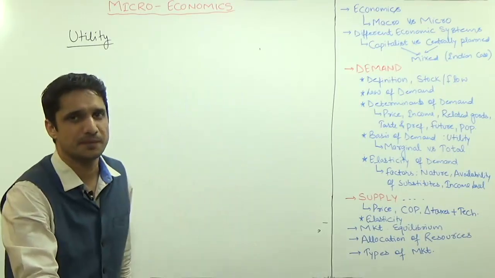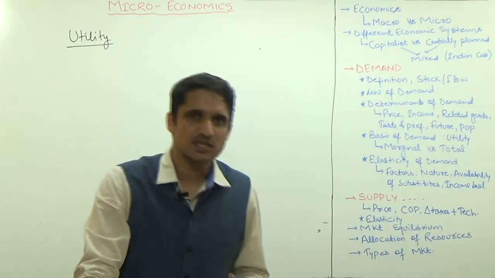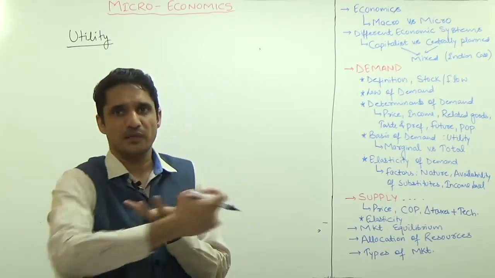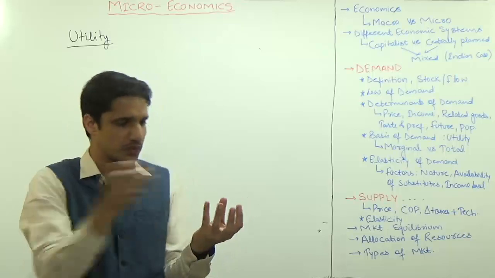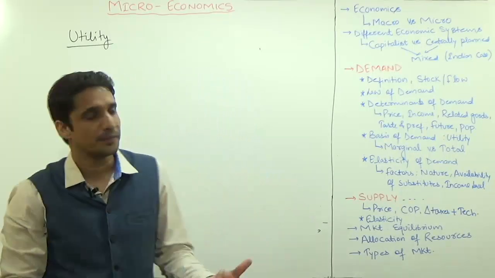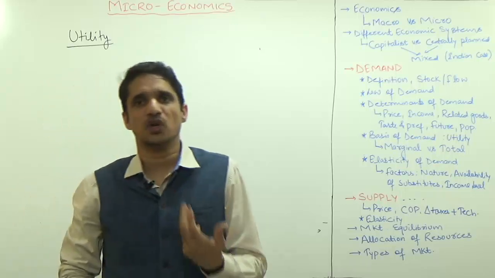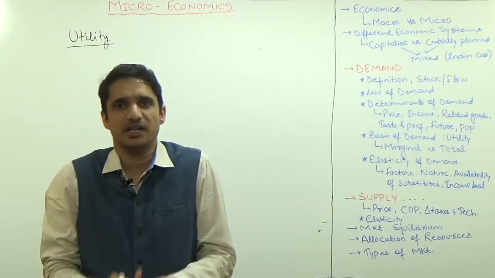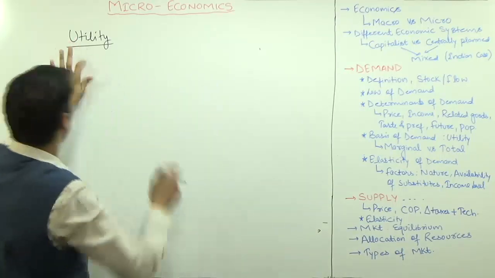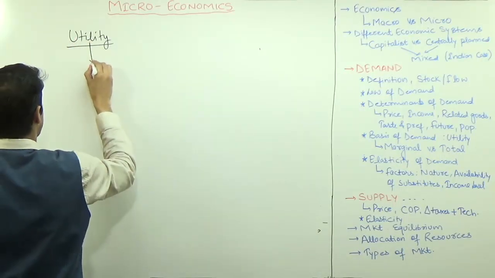What is the difference? The personality is how you behave with respect to the outside world. When somebody is watching you, when society is watching you, how you behave, that is known as the personality, the persona. And the character is when nobody is watching you, what you are from inside. Similarly, utility is related to the character thing.